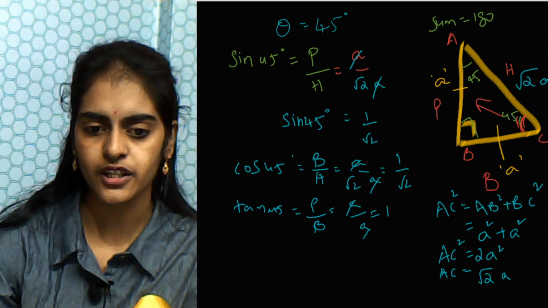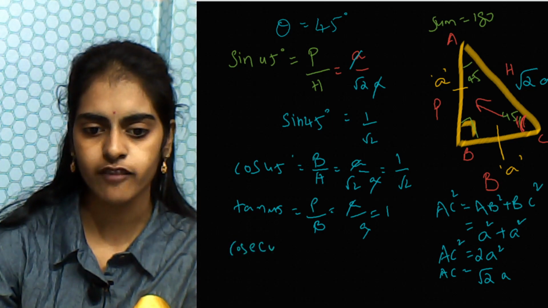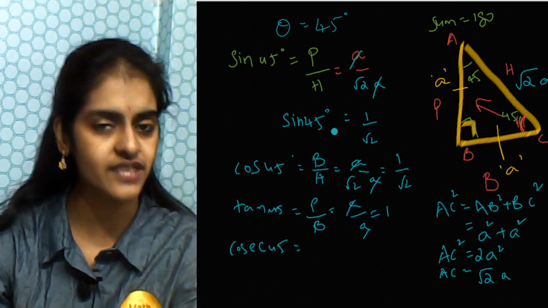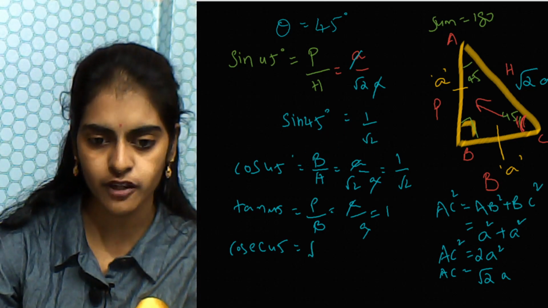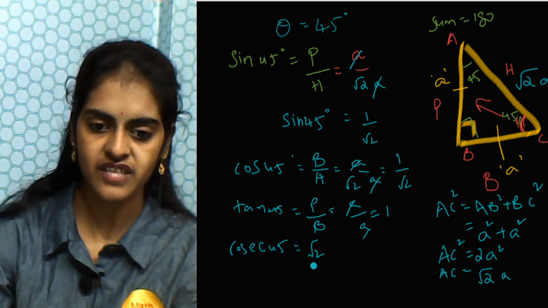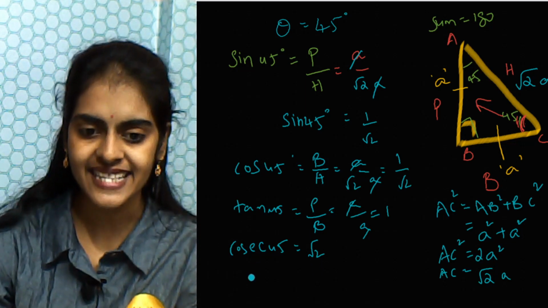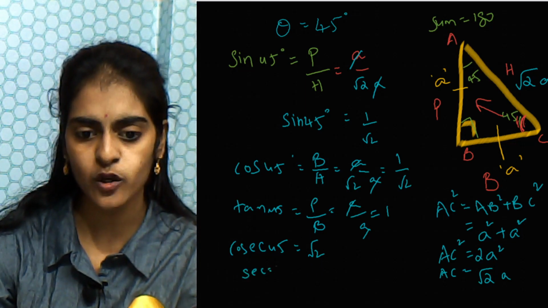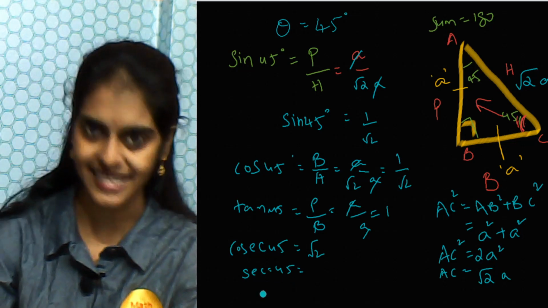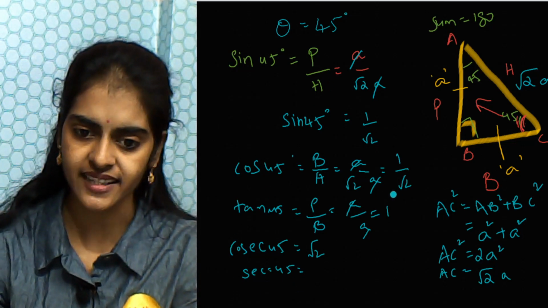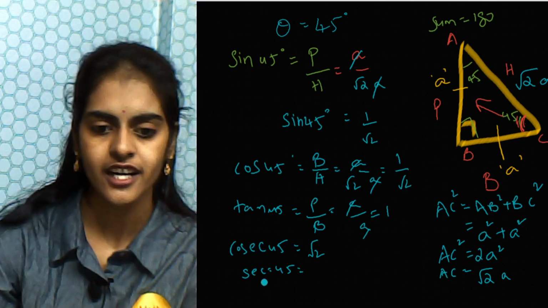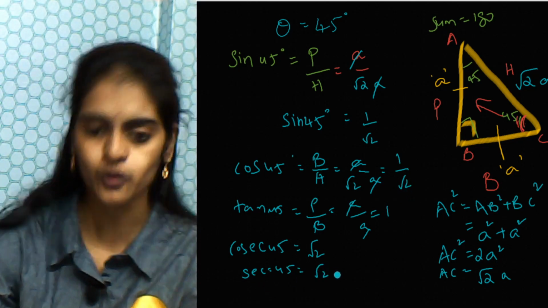Other ratios are what? You have cosecant. Cosecant 45 is nothing but the reciprocal of sine 45. Sine 45 is 1 by root 2, so cosecant 45 will be root 2 by 1, which is nothing but root 2. Secant is nothing but the reciprocal of what? Reciprocal of cos. Yesterday we have learnt, isn't it? Cos 45 is 1 by root 2, so secant 45 will be root 2.